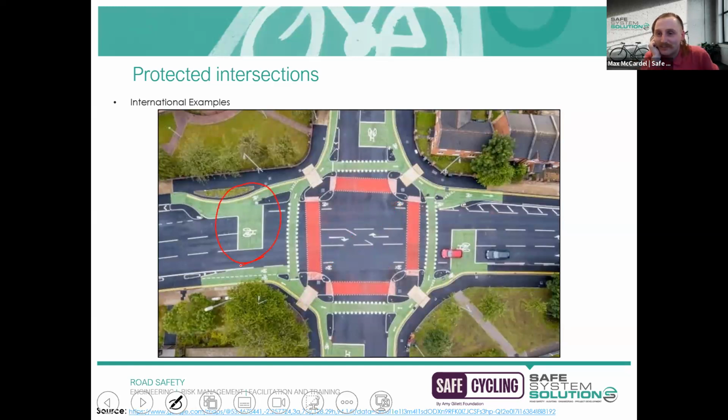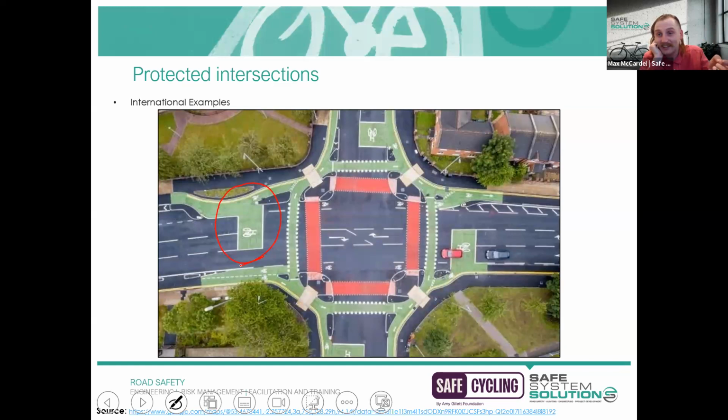But what I do like about this particular example is these gigantic bicycle storage boxes. Now, I've already talked about we want to encourage cyclists to be using the protected intersection. So if they're traveling through, a left turn vehicle has much better sight lines of them. However, not all cyclists would use that.